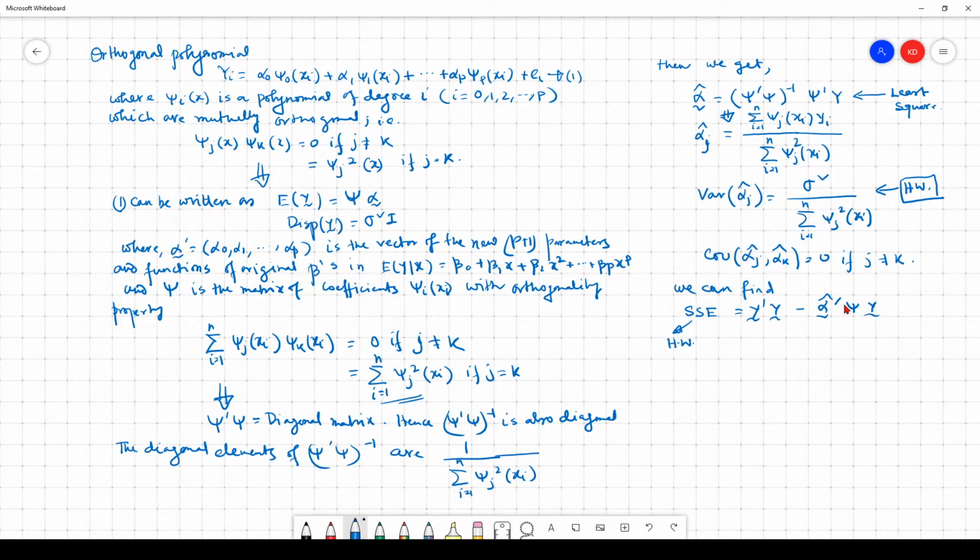If you simplify, then you get this form: the sum of y i squared minus the sum of alpha j hat square times the sum over i from 1 to n of psi j square xi, and its degrees of freedom is n minus p minus 1.